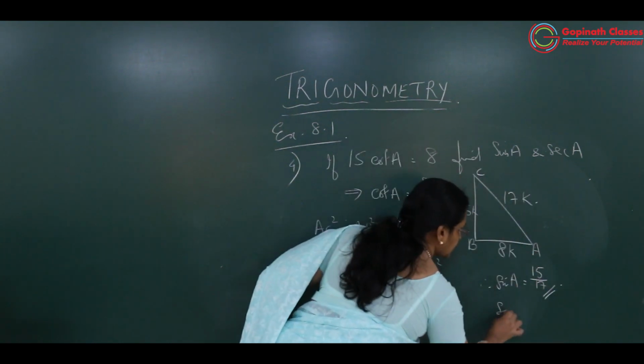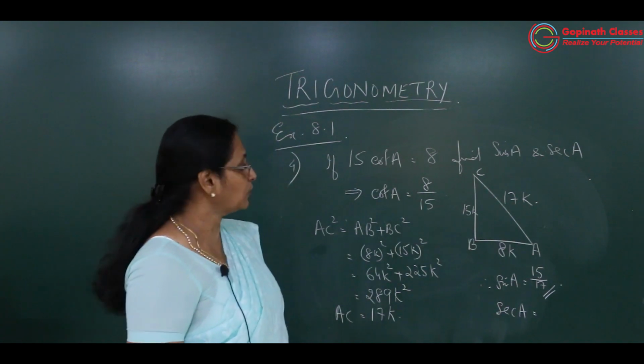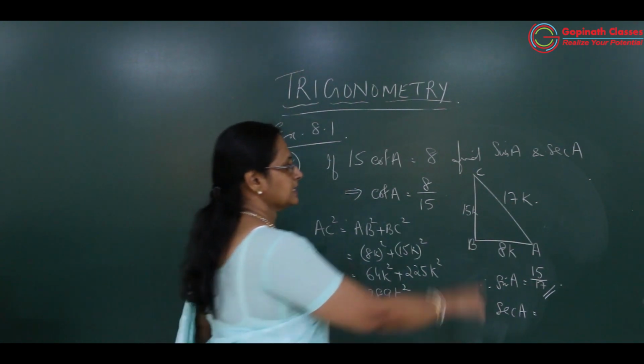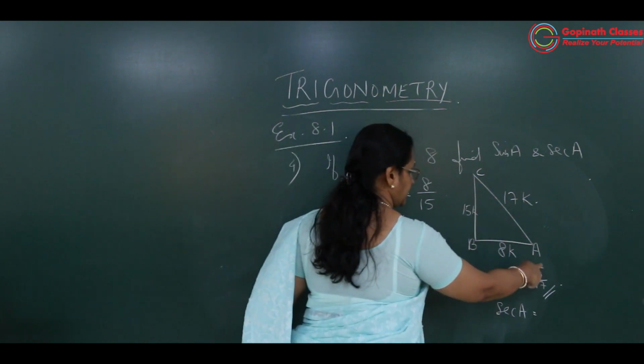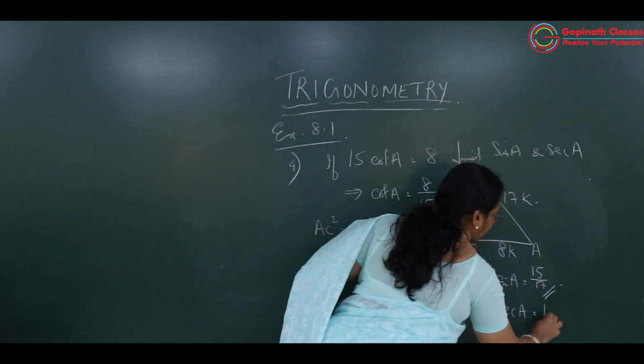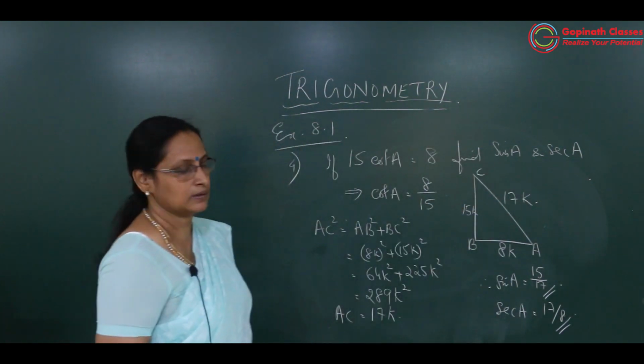The next question is sec A. What is sec? Sec is the reciprocal of cos, that is hypotenuse upon adjacent side. So hypotenuse is 17k upon 8k, which is nothing but 17 upon 8.